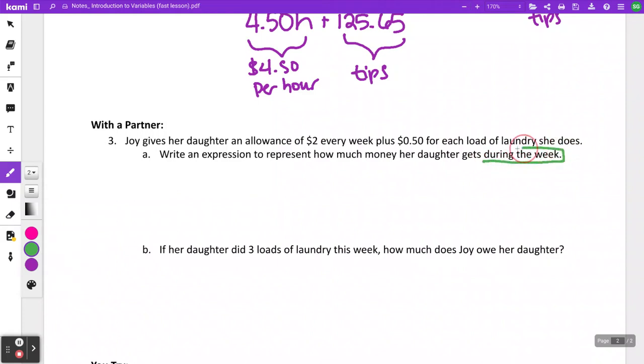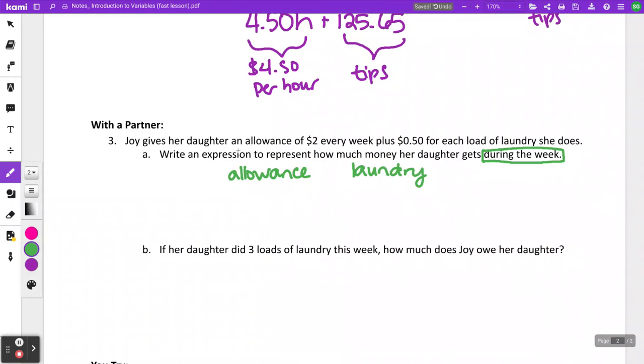Don't worry about the math yet. Let's just talk about how does she make money during the week. Well, based on this story, she gets money from 2 different things. During the week, she gets an allowance, and she also gets money for doing laundry. So there's 2 ways she's making money.